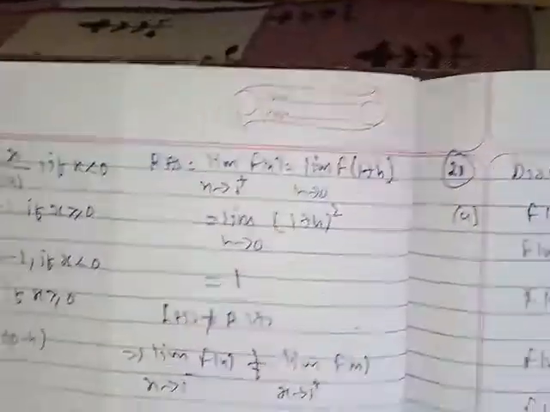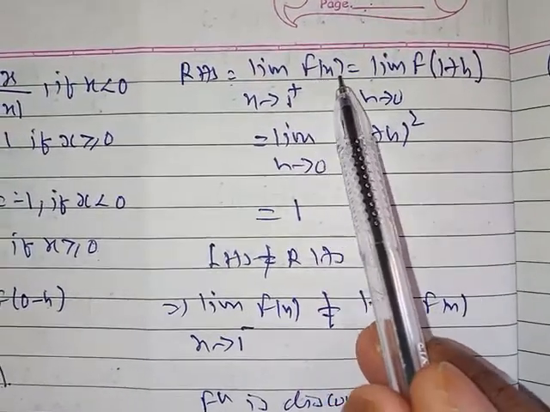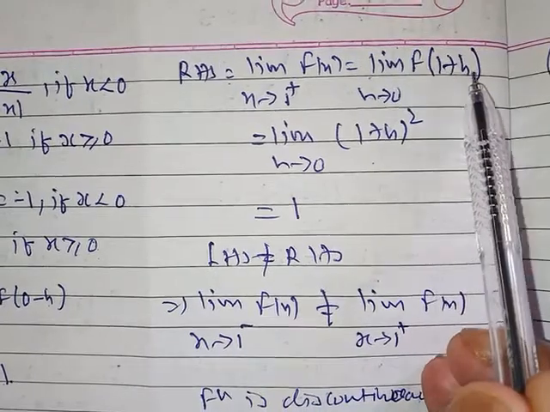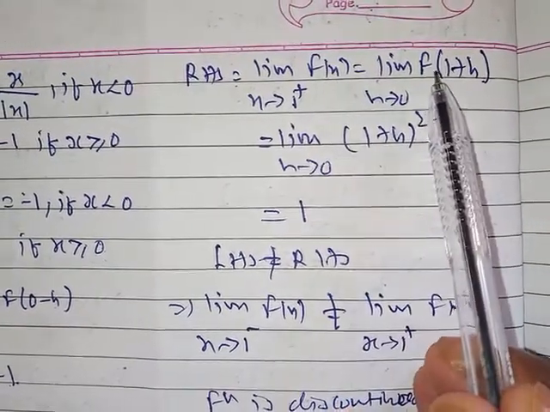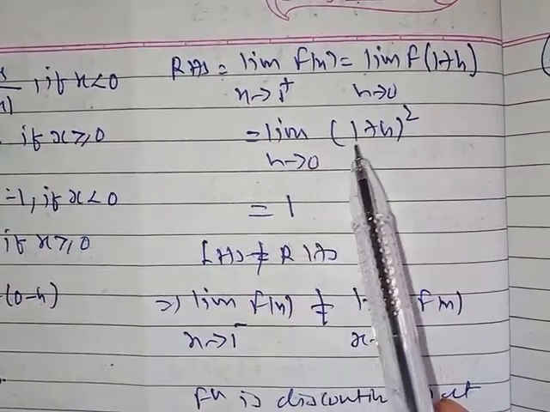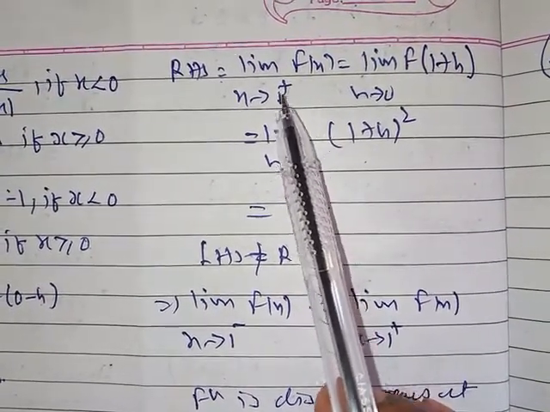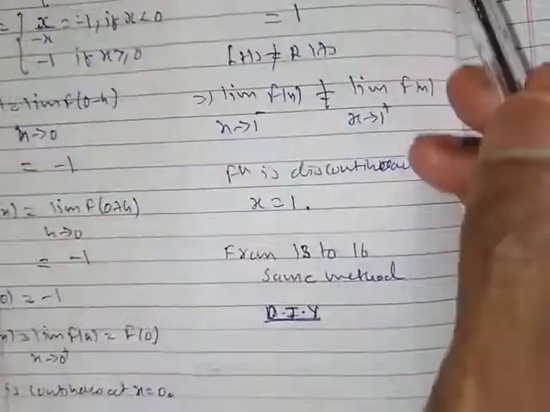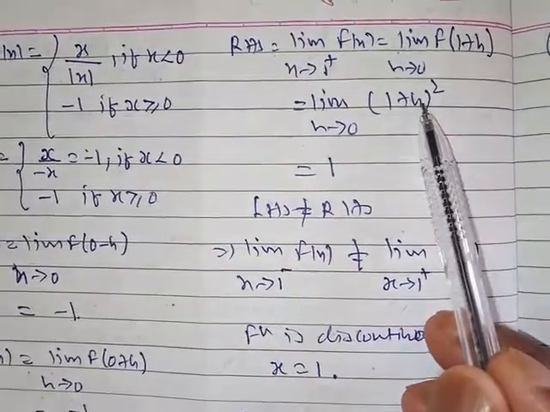Now the RHS limit: limit x tends to 1 plus of f(x) is equal to limit h tends to 0 of f(1 plus h). What is the function here? 1 plus means the right hand side of 1, where the function is defined as x squared. So we put (1 plus h) whole squared.